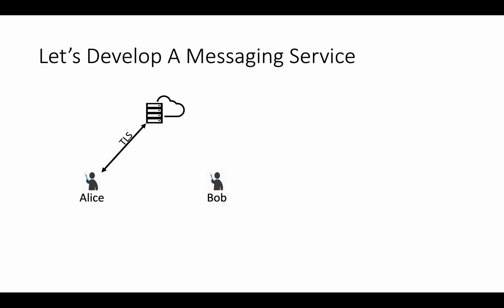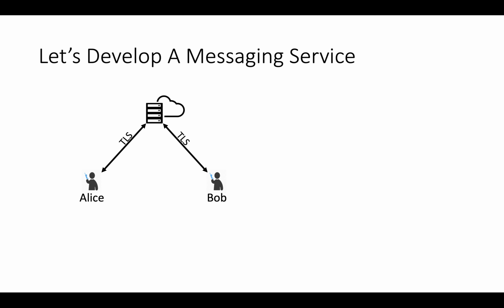She will establish a TLS connection with the cloud server, and the cloud server will establish another TLS connection with Bob. Here you can see that both are using TLS connections, and that is why no one can see the conversation between Alice and Bob.